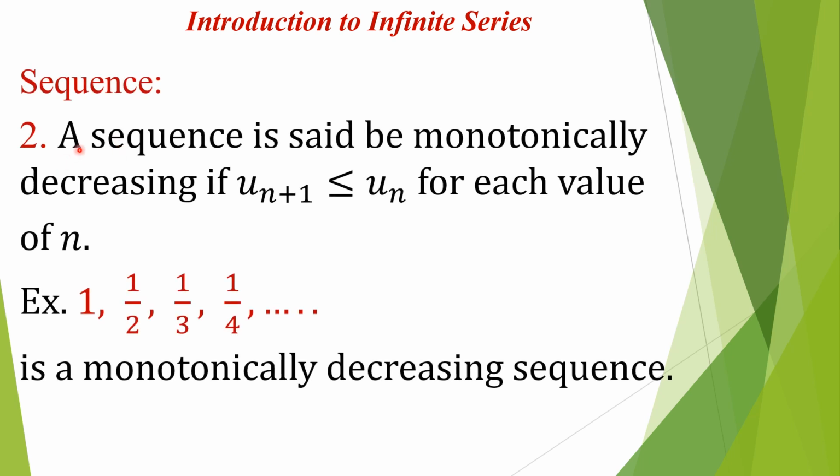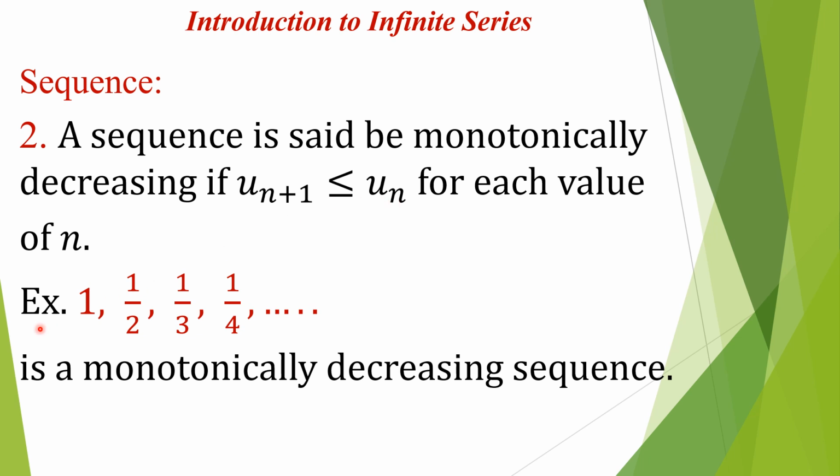Next definition, a sequence is said to be monotonically decreasing if un+1 is less than or equal to un for each value of n. So this condition says that every next number is less than or equal to the previous number.